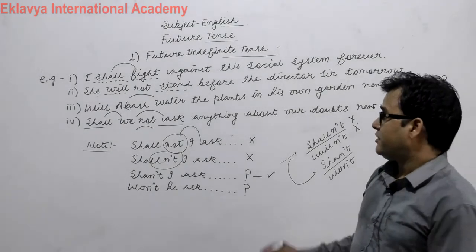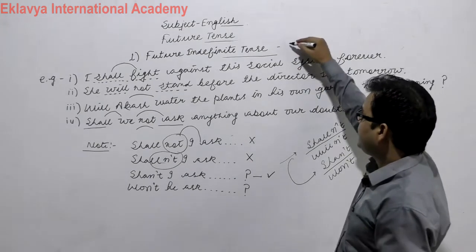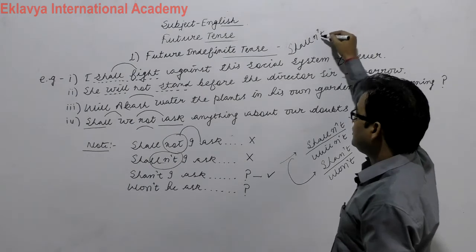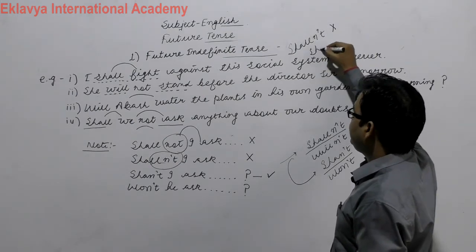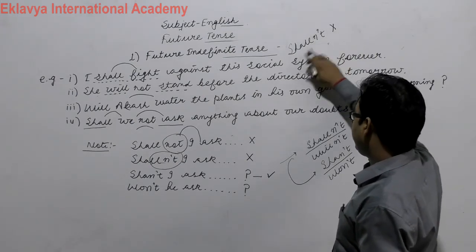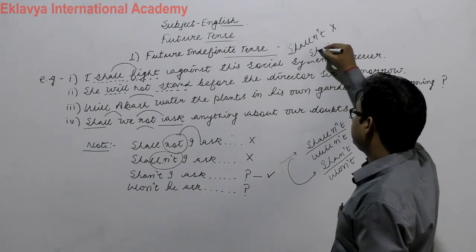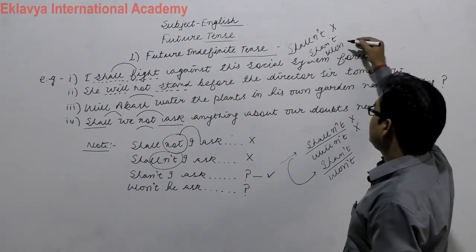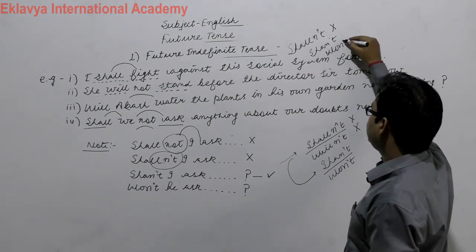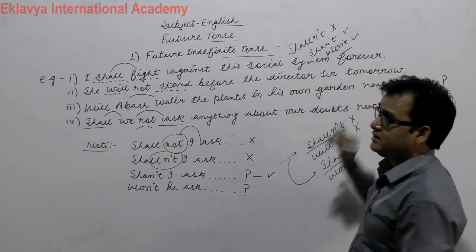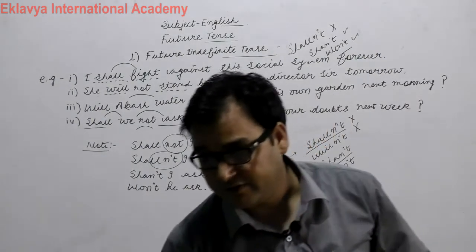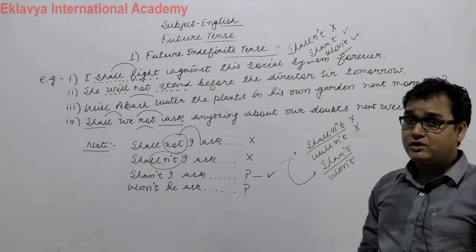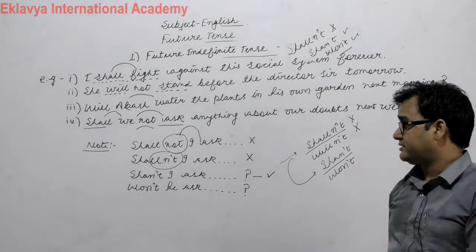Is that clear? The negative will be shan't and won't, not shalln't and willn't.